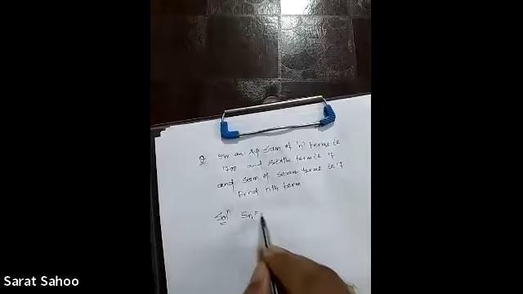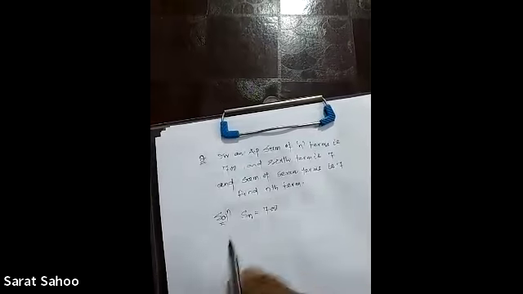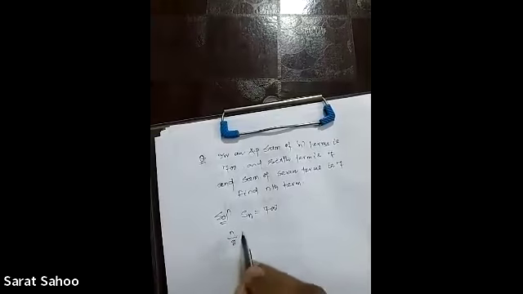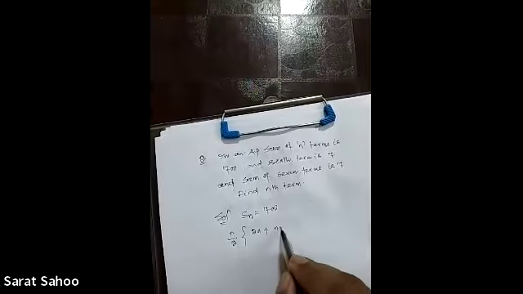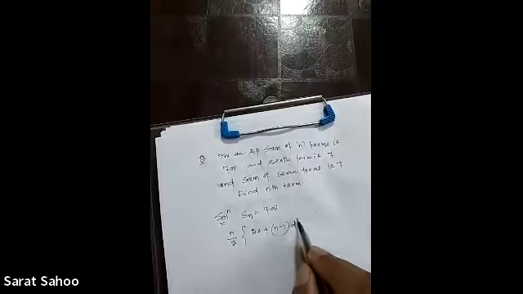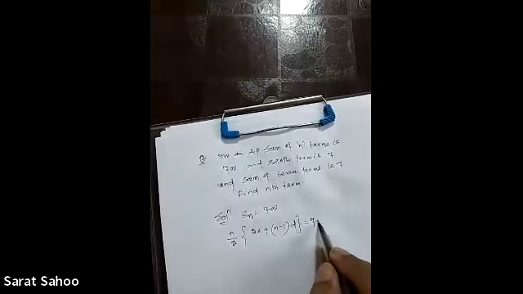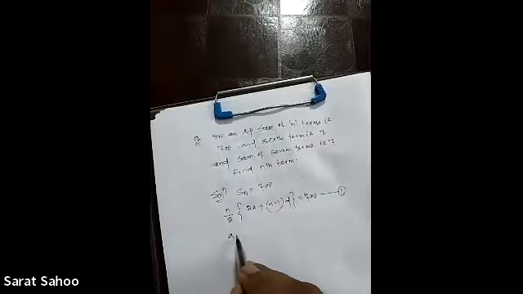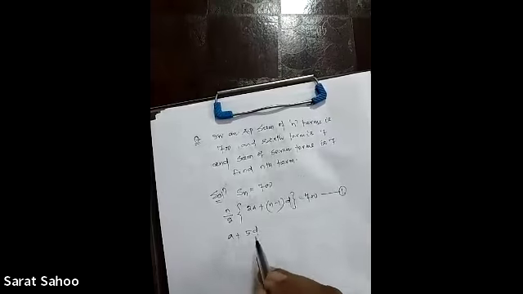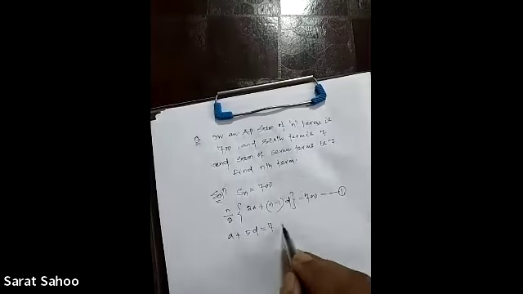Sn is equal to 700, so n by 2 into (2a plus (n minus 1) into d) is equal to 700. Let it be equation 1. Sixth term is 7, so a plus 5d is equal to 7. Equation 2.